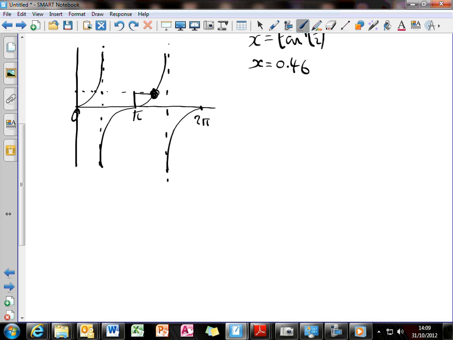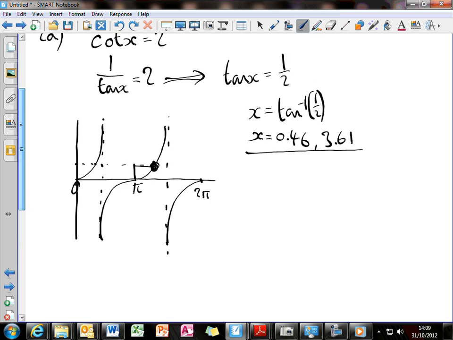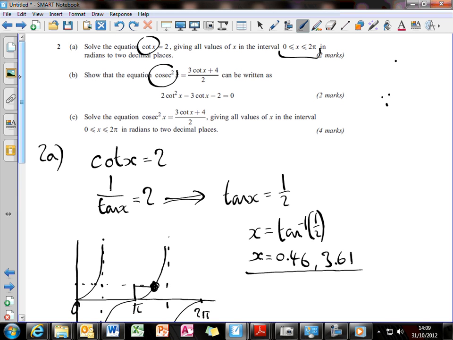So pi plus 0.46 is going to be my other solution in that range, and that's going to be 3.61. Okay, so those are my 2 solutions in that interval, 0 to 2 pi.